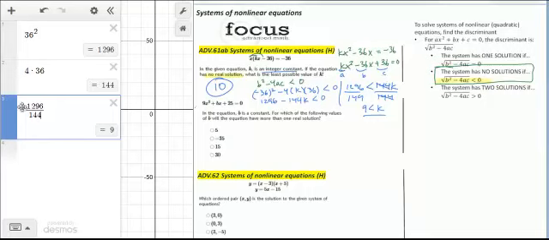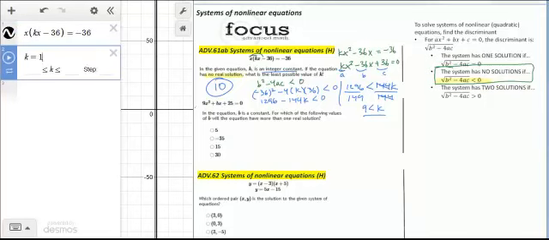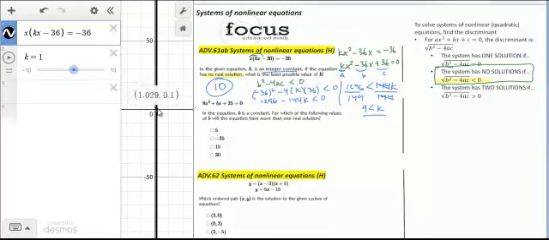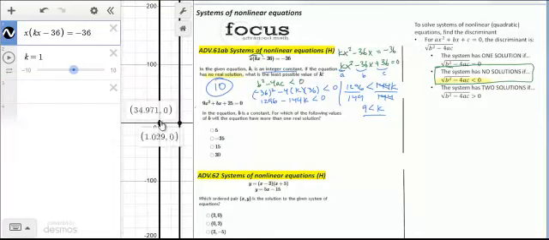Now, I could have also tried solving this visually. If I take this equation and write it exactly as it appears, I do need to give k a value here to show up, so I'll create this slider where k is 1. And what I can see here is that my graph right now has this one intersection. Actually, I see 2. So I zoomed out to see there's 2.